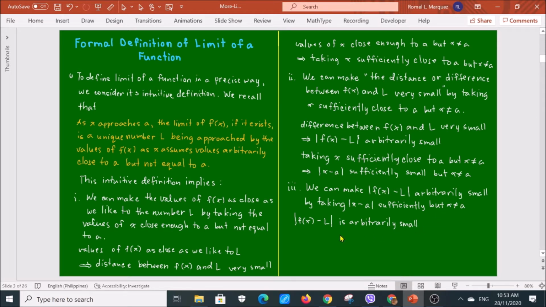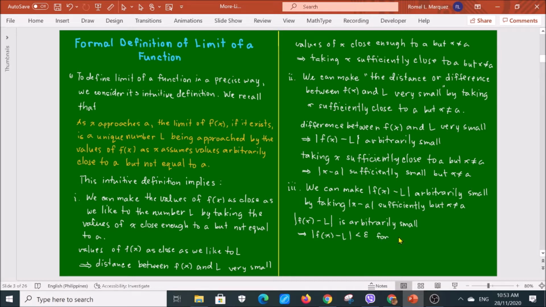So arbitrarily small means we can think of a positive number. So there is a positive number, let's say epsilon, such that such difference is less than or equal to this number.